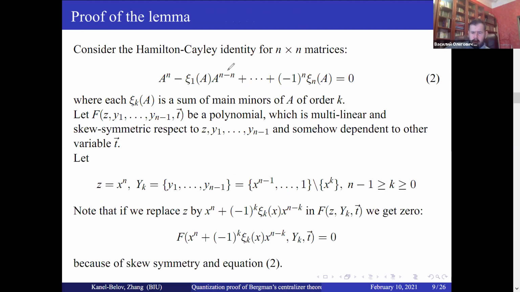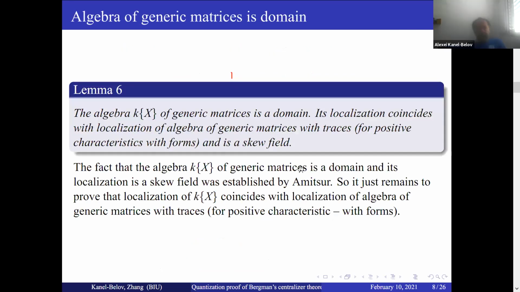We are proving that if you localize the algebra with traces, it coincides with the usual algebra without traces.